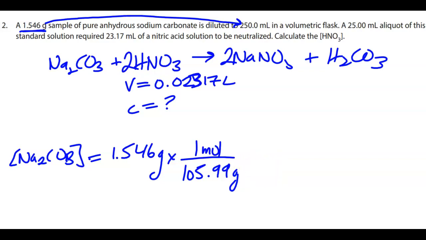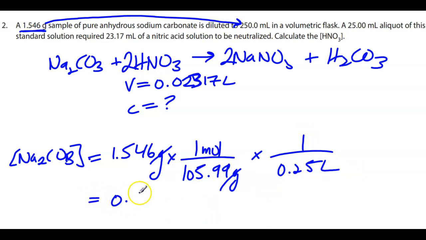Yeah, so grams. Okay, so grams cancel, and we want moles per liter, right? So this is essentially going to be over 0.25 liters, right? So we're going to have moles per liter. So this value here is 0.0583 moles per liter.